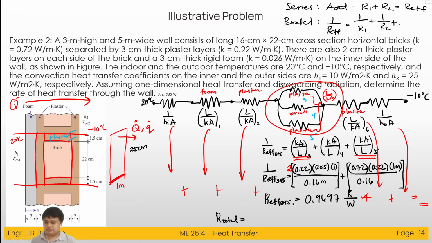You have 6.87 as your total thermal resistance, Kelvin per watt. So again, take note, this is based on 0.25 meter by 1 meter cross section only.